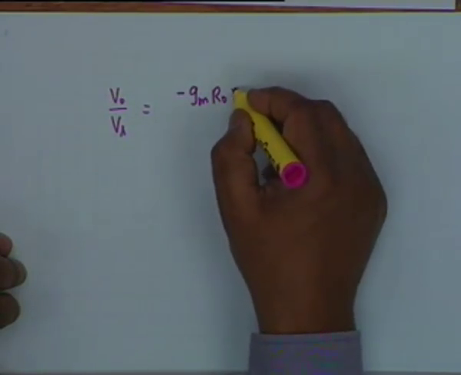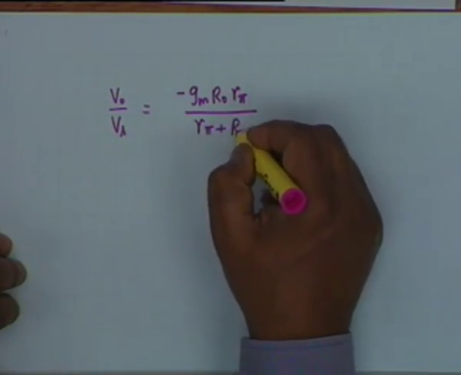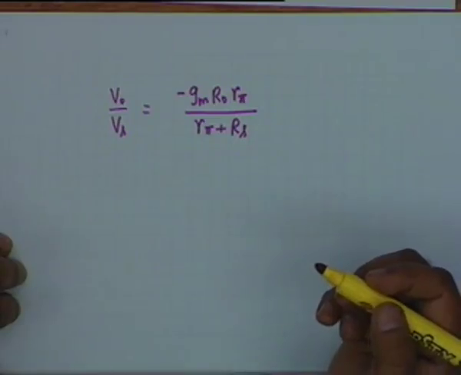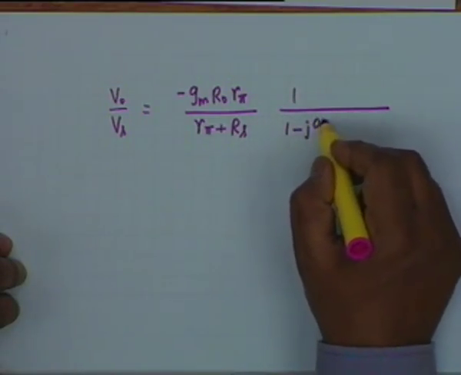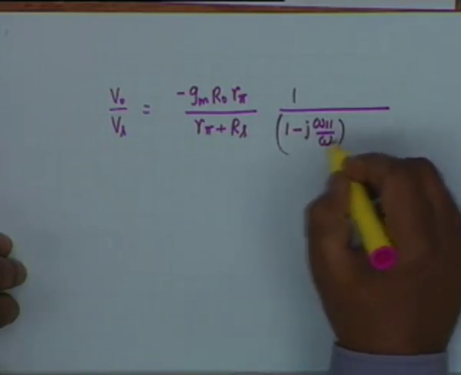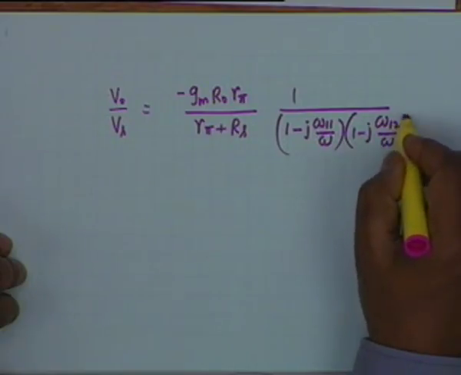I take the constant term of the other expression, R pi divided by R pi plus Rs, alright. Then I have two terms, 1 minus j omega 1 1 by omega, and 1 minus j omega 1 2 by omega.